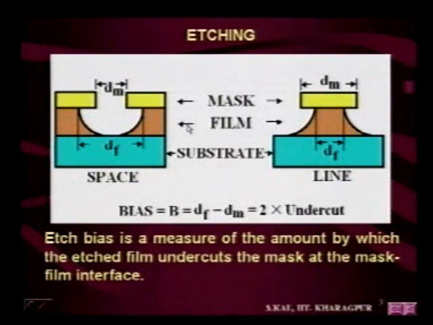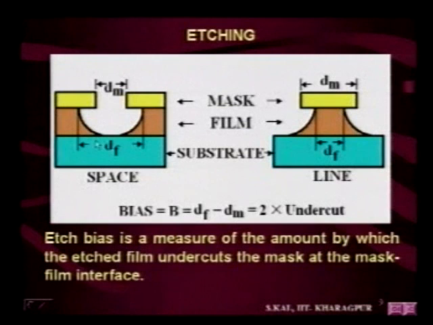So the bias b is equal to df minus dm, which is nothing but 2 times the undercut, and this undercut is basically the thickness of the film, because it etches vertically downward from this point, and at the same time laterally from this point also.